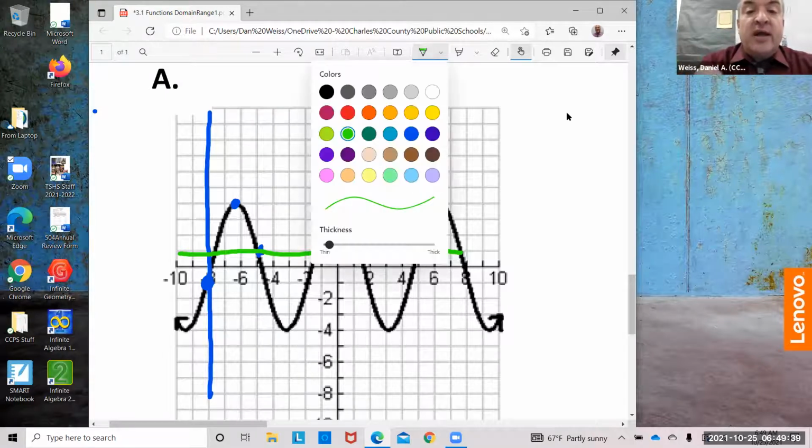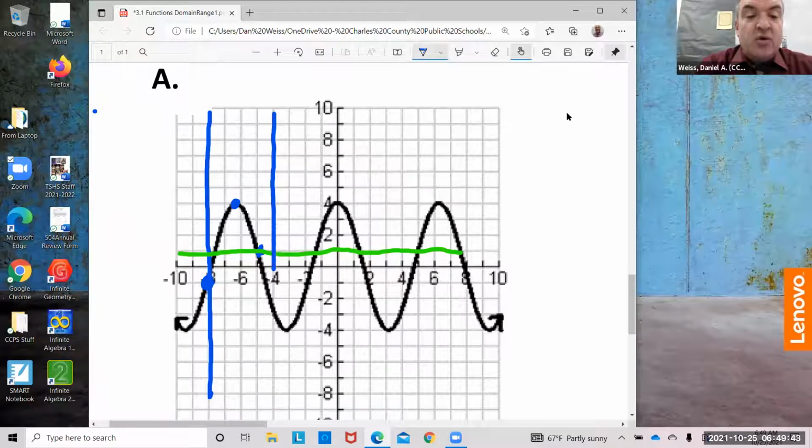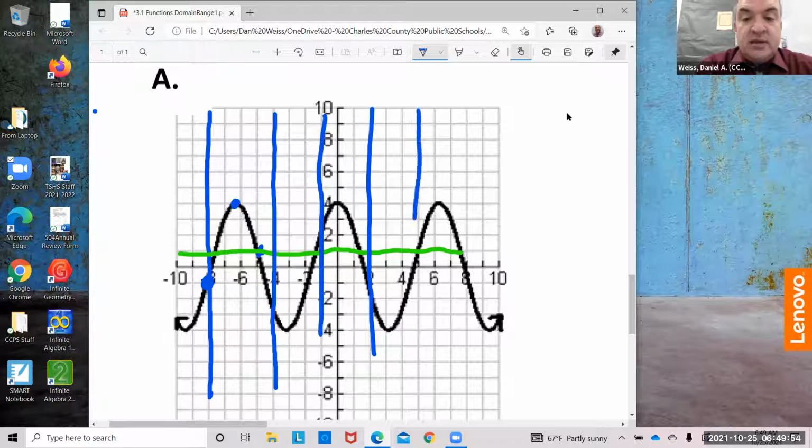So if a vertical line, which is a straight up and down line, only goes through one point, it's a function. This is a function. There's no vertical line that passes through more than one point. That's a function.